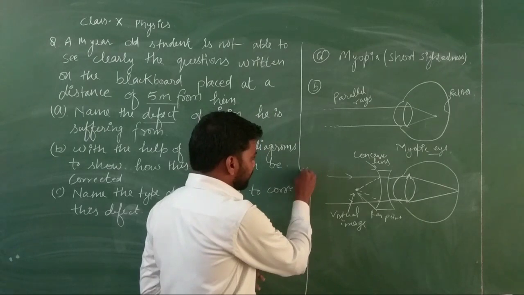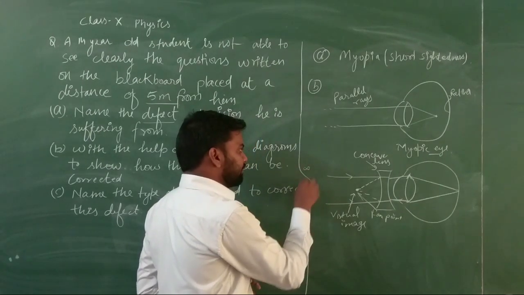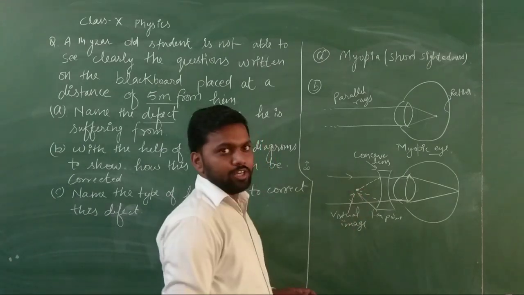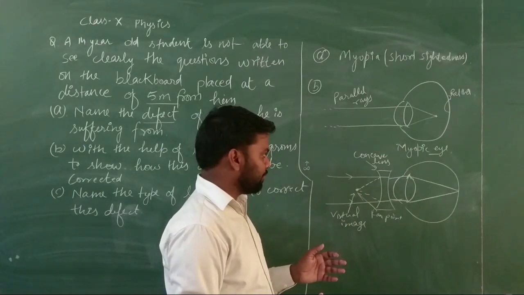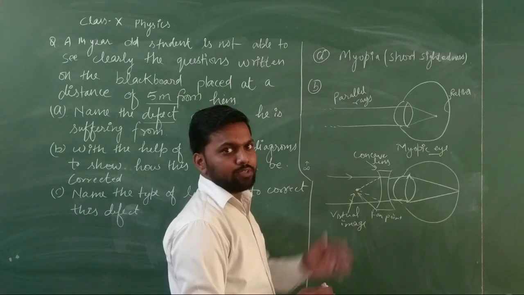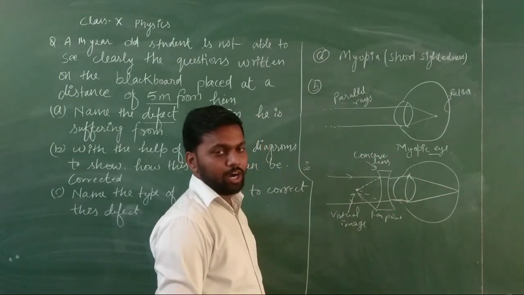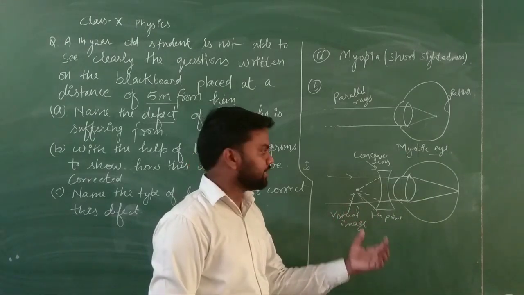Now the object is at infinity, but the image of that object is at this point. So we can correct the myopia by making the image of the far away object at the far point of our eye, up to which we can see the object clearly.